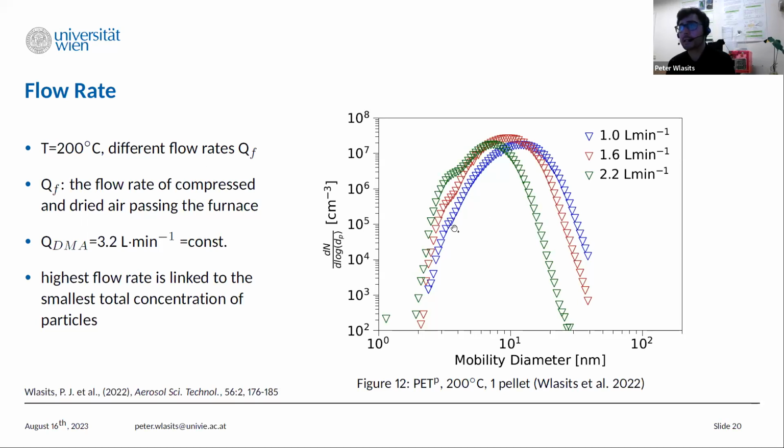It is probably linked to the fact that with higher flow rates there is enhanced surface cooling. If you think about that pellet on the crucible in the tube furnace, there is just more flow passing through, so there is probably cooling which is somewhat impeding particle production.